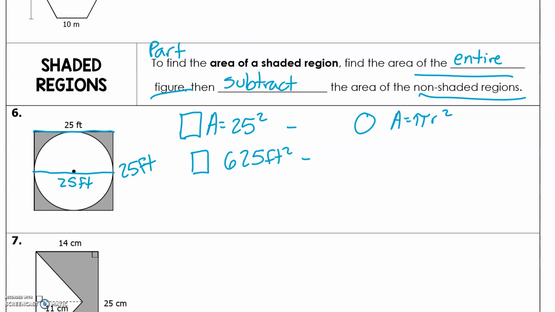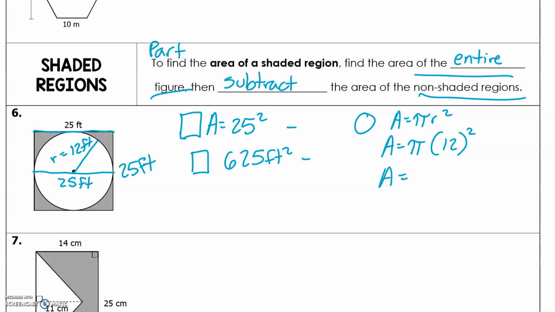So the distance from one side of the circle through the center all the way to the other, that's a chord. The entire distance is 25, but if I were to take half of that, that would just be 12 feet, and that would be our radius. So the radius on this problem is 12. So the area equals pi, which is approximately 3.14 for this problem, times 12 squared.